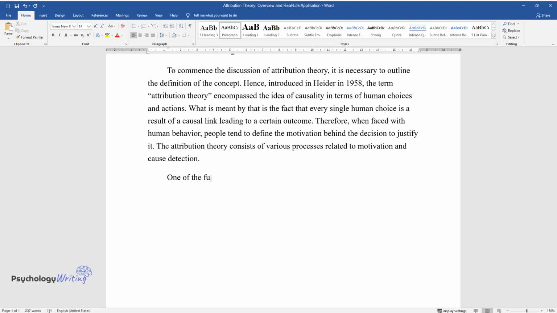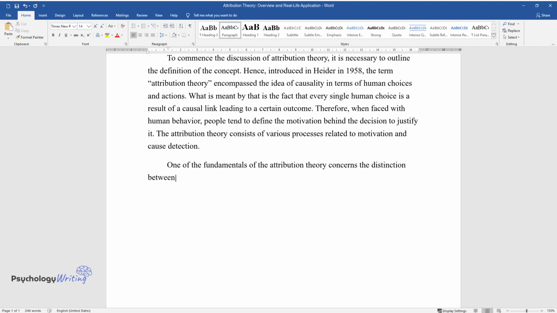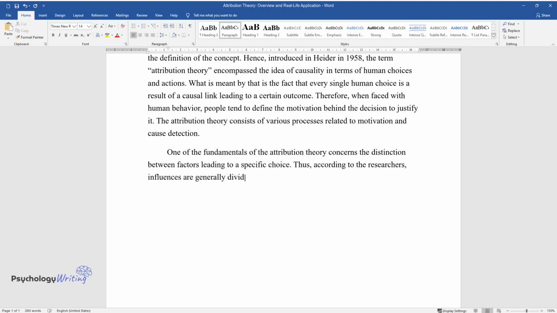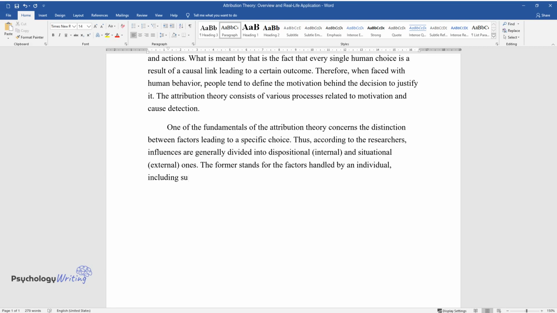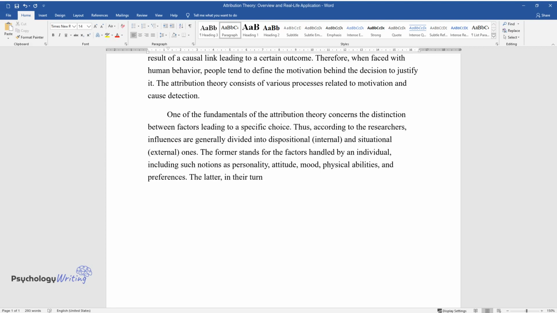One of the fundamentals of the attribution theory concerns the distinction between factors leading to a specific choice. Thus, according to the researchers, influences are generally divided into dispositional, internal, and situational, external ones. The former stands for the factors handled by an individual, including such notions as personality, attitude, mood, physical abilities, and preferences.